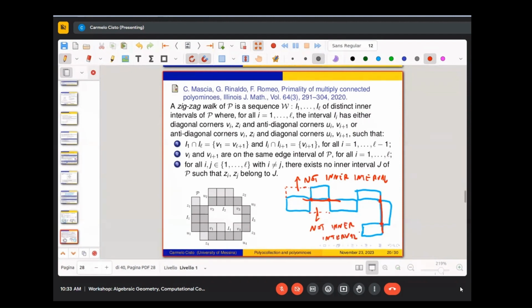So it is a very formal definition, but it is important to consider that we need this definition.